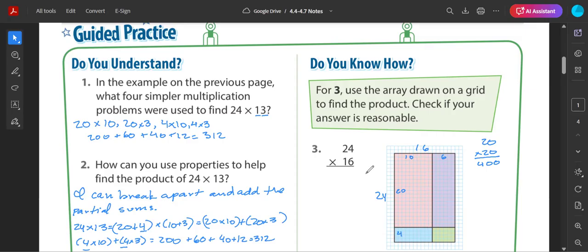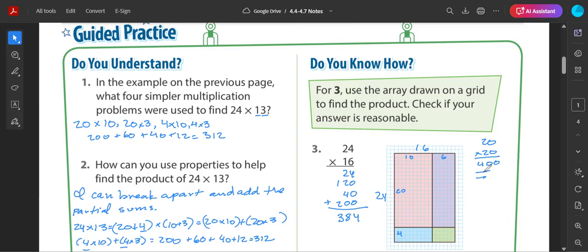So now we can go ahead and multiply it out. 6 times 4, that's going to be 24. 6 times 20, that's going to give you 120. 10 times 4, that's going to give you 40. 10 times 20 would give you 200. So now you should have a total of 384. And that is very close to 400.